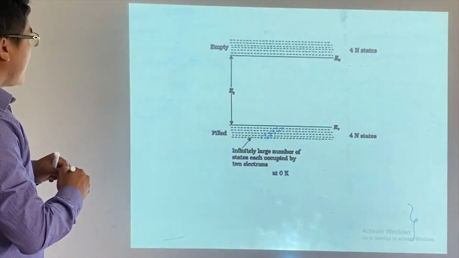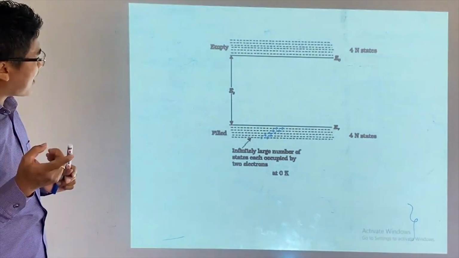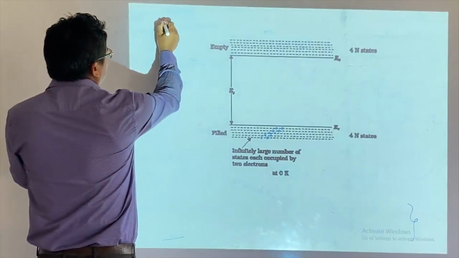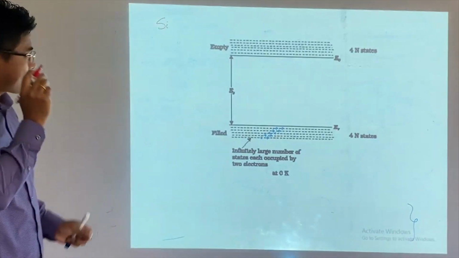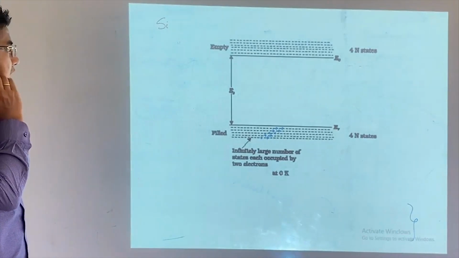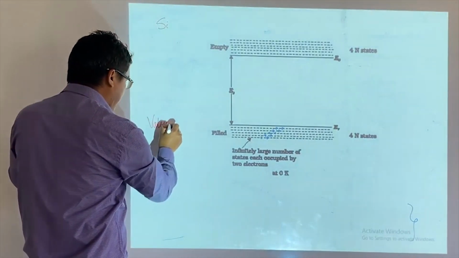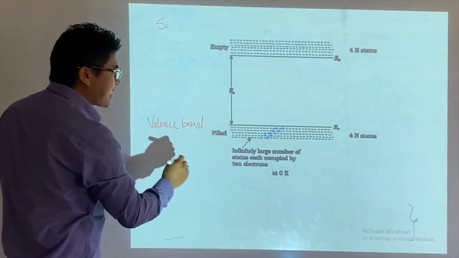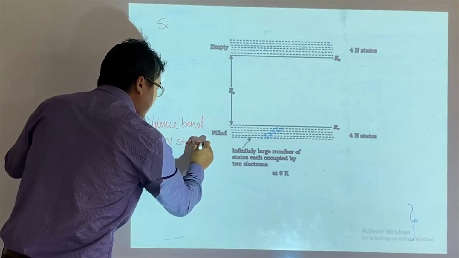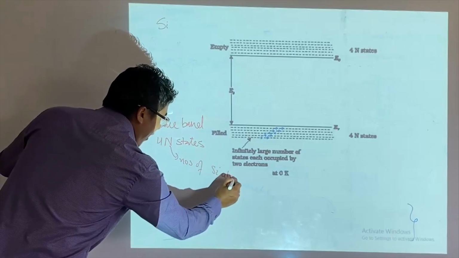Look here. This is for semiconductors like silicon. In silicon, how many states are available in the valence band? 4n states, where N stands for the number of silicon atoms.